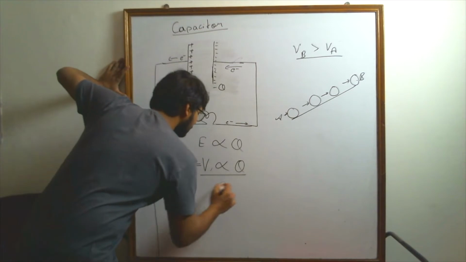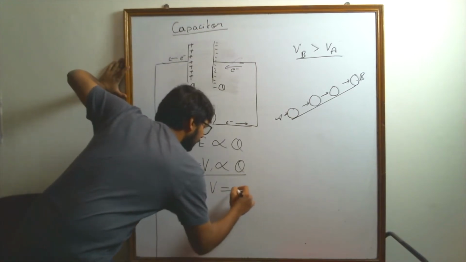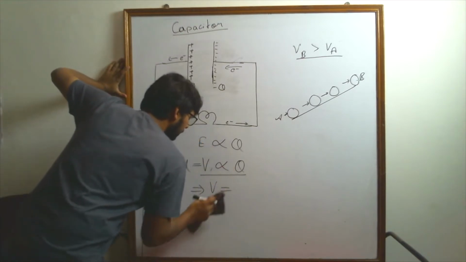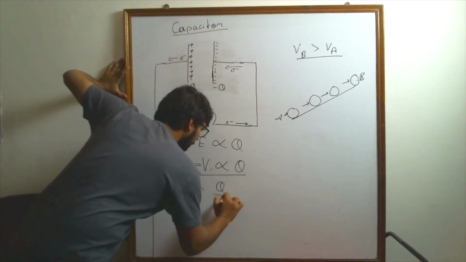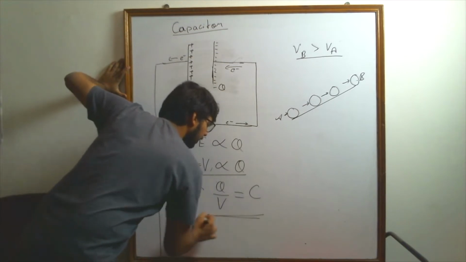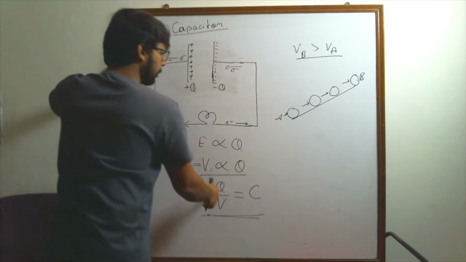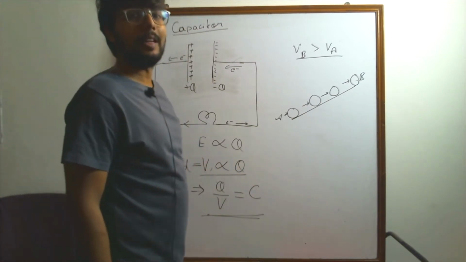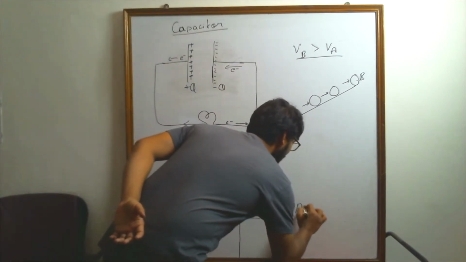As I see this, I can write Q upon V as a constant C. Because there will be a constant of proportionality between them, and that constant of proportionality we have given a name called capacitance.